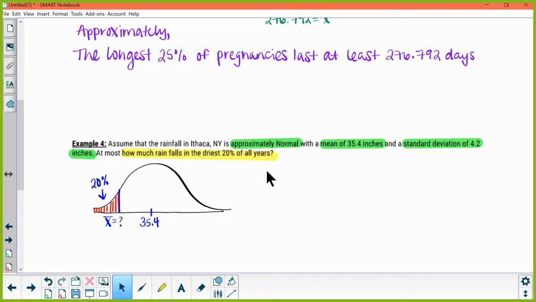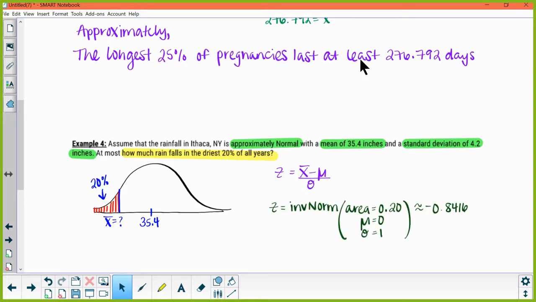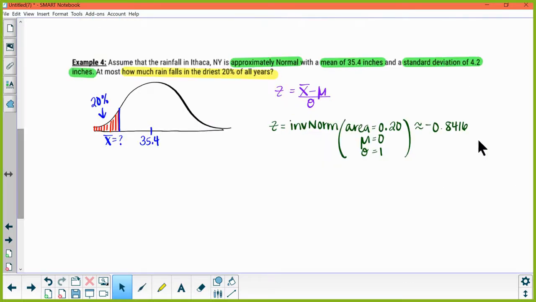So I'm going to go through. I just like to give you a reminder of what the formula is. I'm going to plug this into my calculator. And what's nice about this is because I'm interested in the lower 20%, I can just enter in my area directly as 0.2. Don't have to take the opposite of anything. Just going to leave it as 0.2. And I get negative 0.8416.